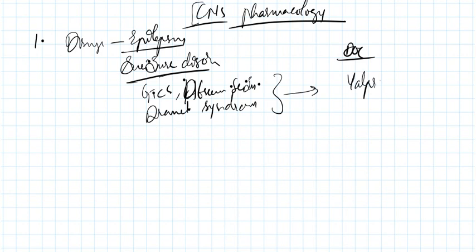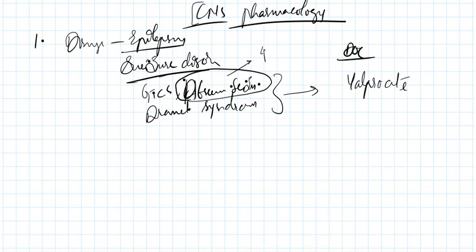Absence seizures, it's a repeated question, guys. I think I've seen this in 4 papers of INICET previously in the last 7 years. So the drug of choice for absence seizures is valproate. GTCS, generalized tonic-clonic seizures, is valproate.